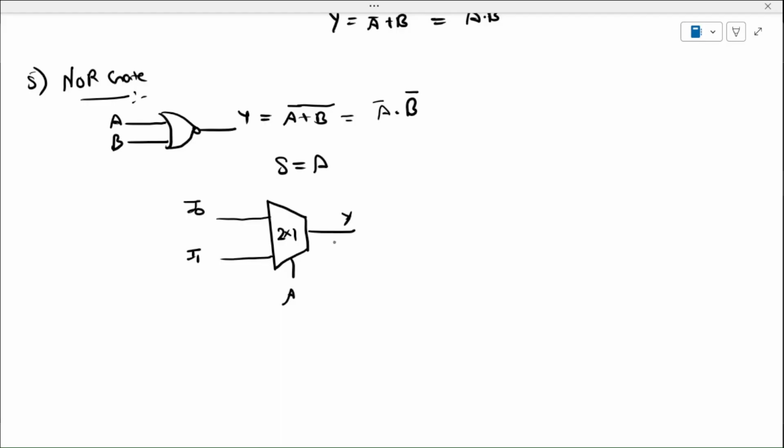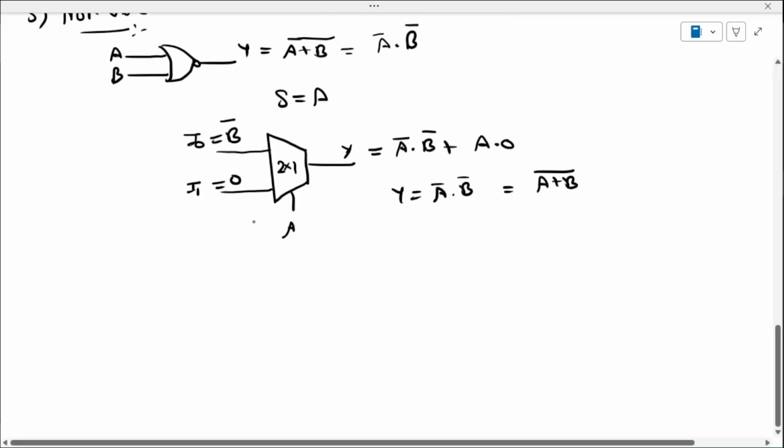So when A is 0, A bar will be transferred. I have to realize this with the B bar. So I0 will become B bar. I1 will be 0. The equation will become A bar dot B bar plus A dot 0 is A bar dot B bar, which is equals to A plus B whole bar.